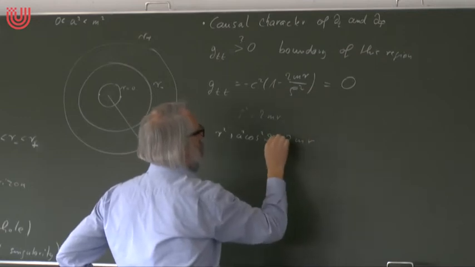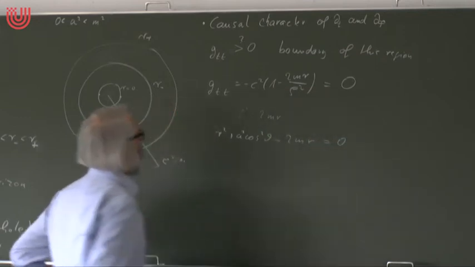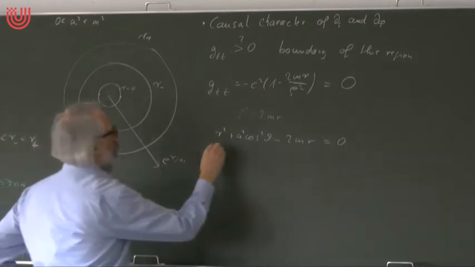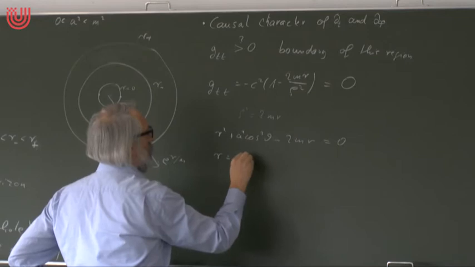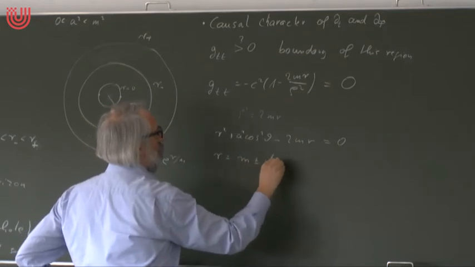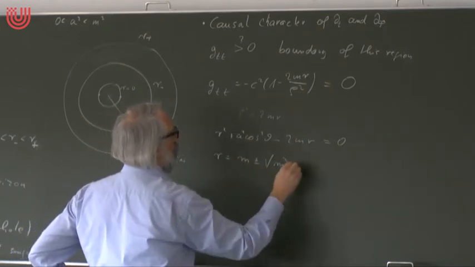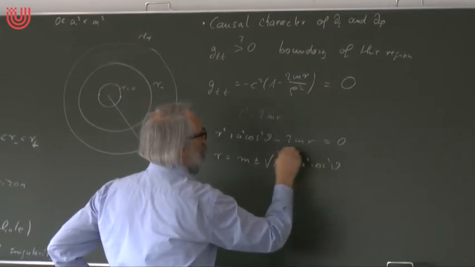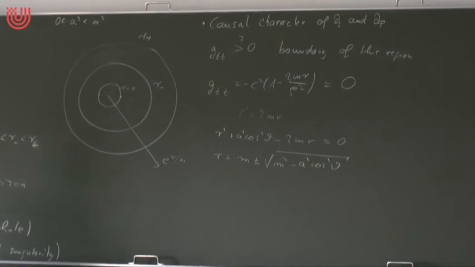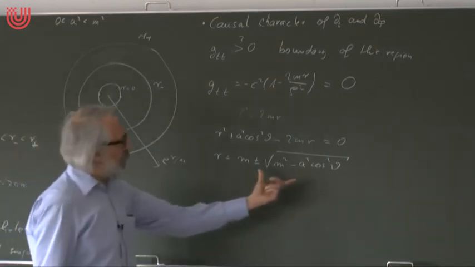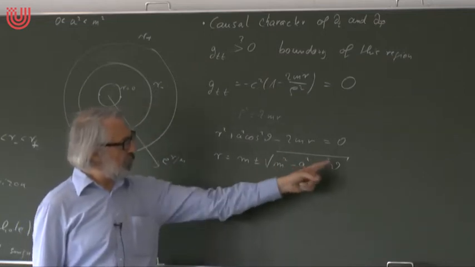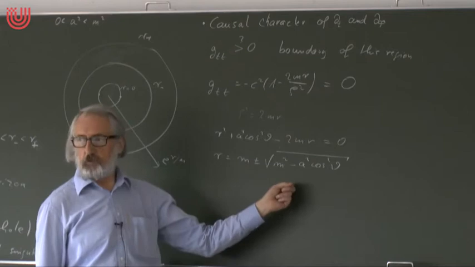Let me write this on the other side. Then I have again a quadratic equation which I can solve for r. So I get r equals m plus or minus the root of m squared minus a squared cosine squared theta. And you see, if we are in the black hole case, where a squared is smaller than m squared, then we have always something positive under the square root.